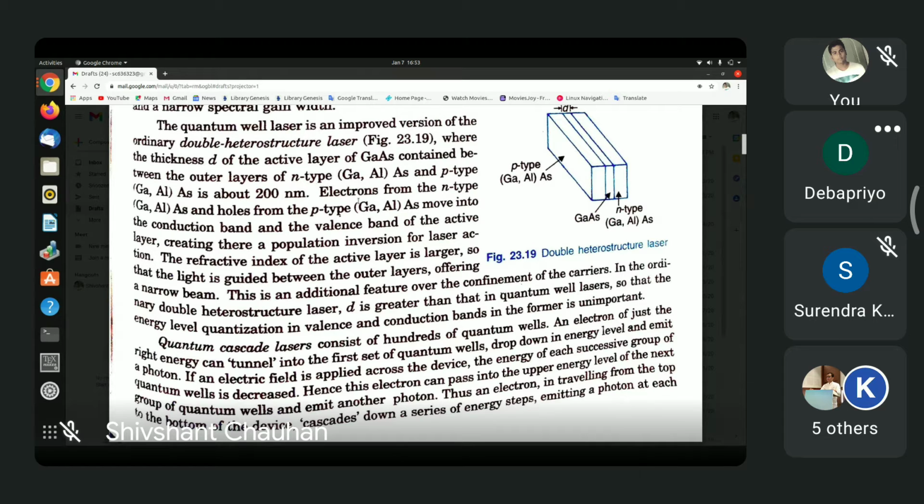Now, if you have an electron of the right energy, it can tunnel into the first set of quantum wells, drop down in energy level, and emit a photon. It says that if an electric field is applied across the device, the energy of each successive group of quantum wells changes.